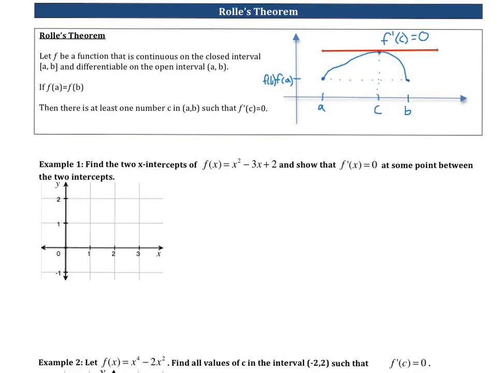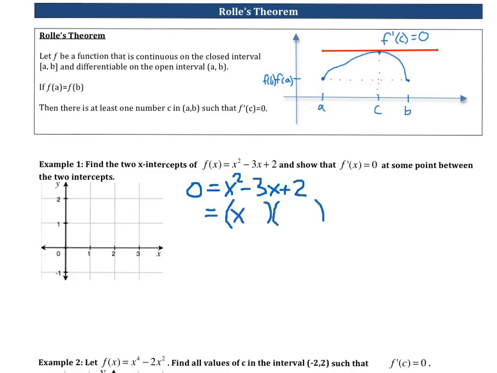So in example 1, we want to find the two x-intercepts of our quadratic function x squared minus 3x plus 2, and then show that f prime of x must equal 0 at some point between those two intercepts. To find intercepts, we set our function equal to 0 and solve.